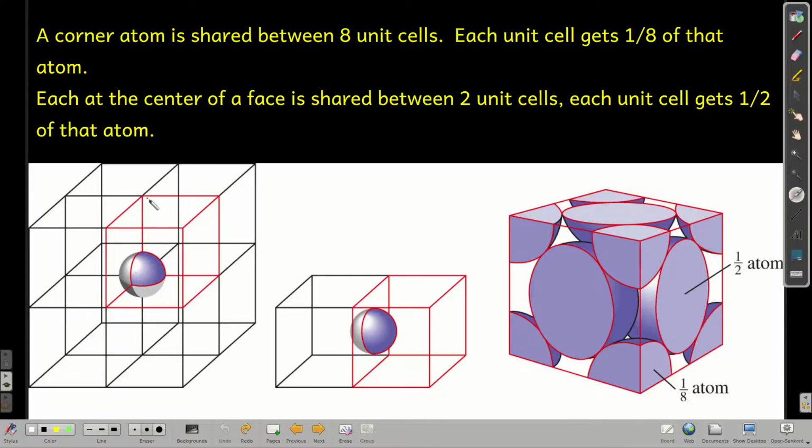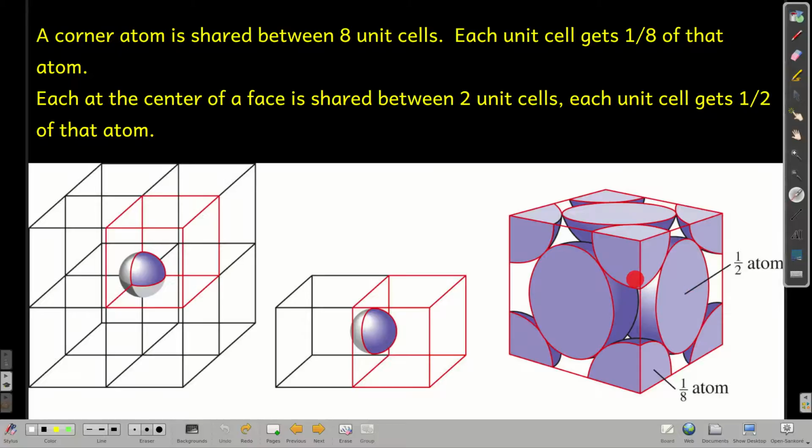So to see that, this outlined in red would be 1 unit cell. This would be another, and then there's 4 on the bottom too. Each of these has 1/8 of this atom in it. So this atom is shared between 8 unit cells, or another way of saying that is each unit cell has 1/8 of that atom. Now, if an atom is on a face, like in face-centered cubic unit cells, then it's just shared between 2 unit cells. And so that 1 unit cell gets 1/2 of that atom.